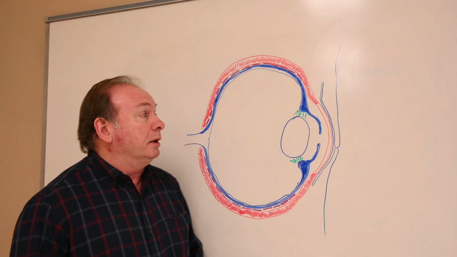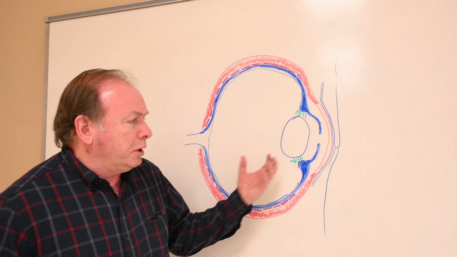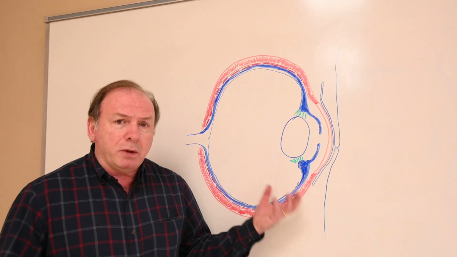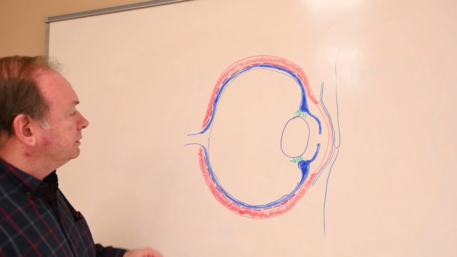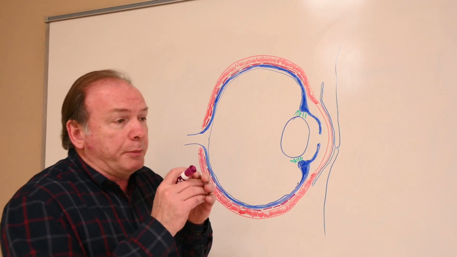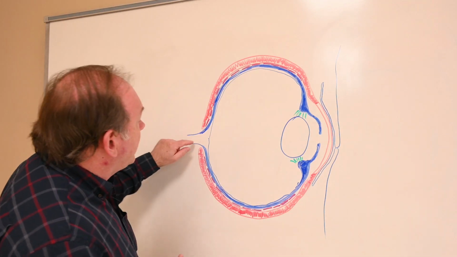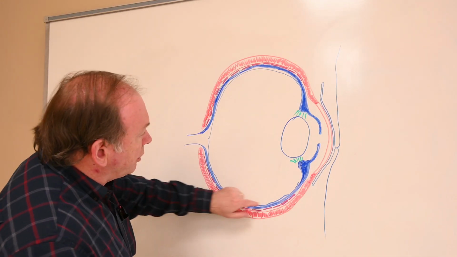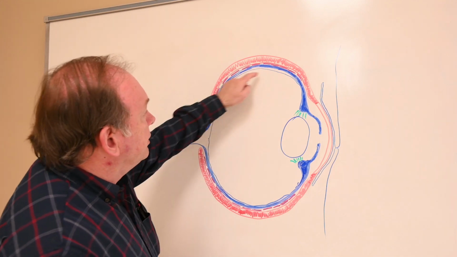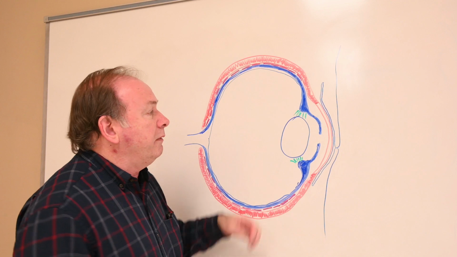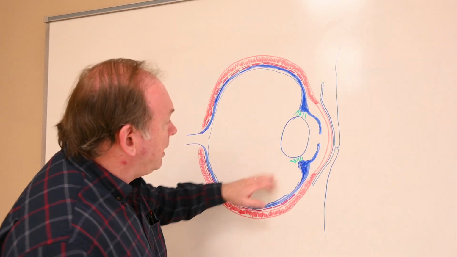Now let's take a minute and look at the eye. It's nearly fully formed here in this drawing, and we'll talk about the origins of most of the parts here. From our original optic cup that formed as an outgrowth of the diencephalon, we have this blue material here that comes all the way around here on either side to make up the inner lining of the eyeball, all that blue.